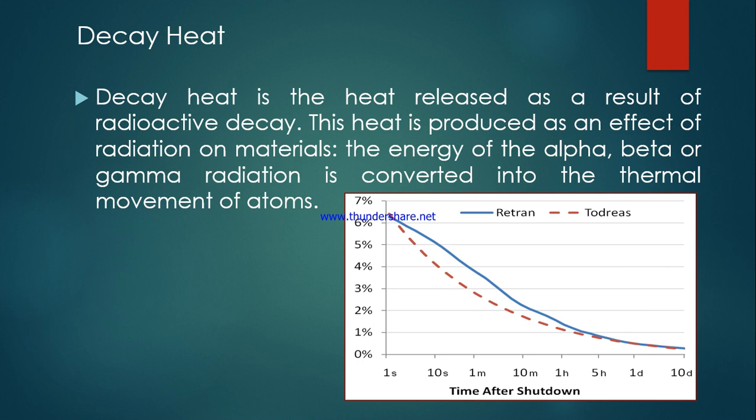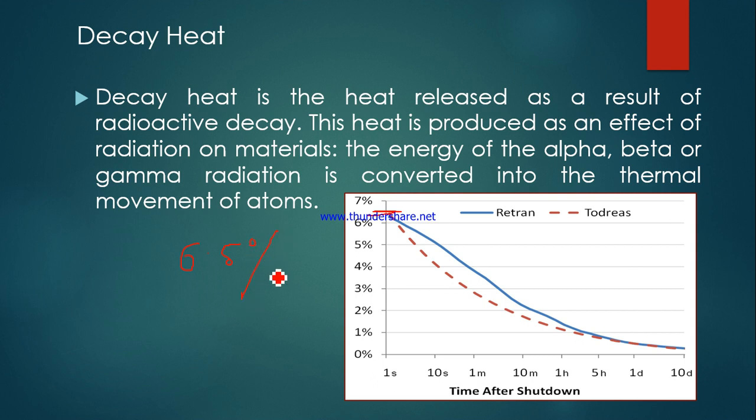So this graph shows how, gradually after the shutdown of the reactor, the decay heat is reduced. This is the peak at t equal to 0, which is approximately 6.5%.